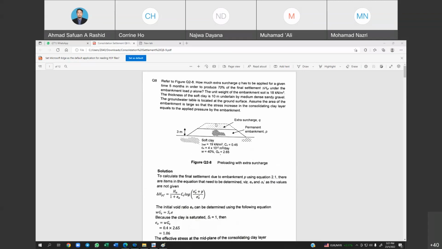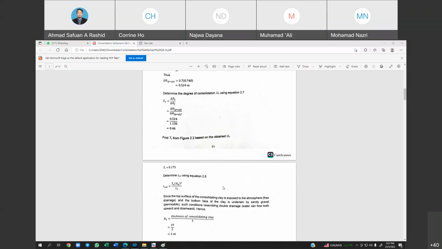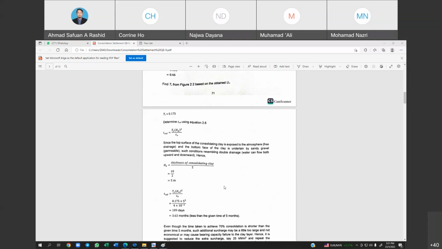Seolah-olah dia terdedah kepada atmosphere. So water can move to the up and then go to the down. So double drainage. So HD is equal to 5.